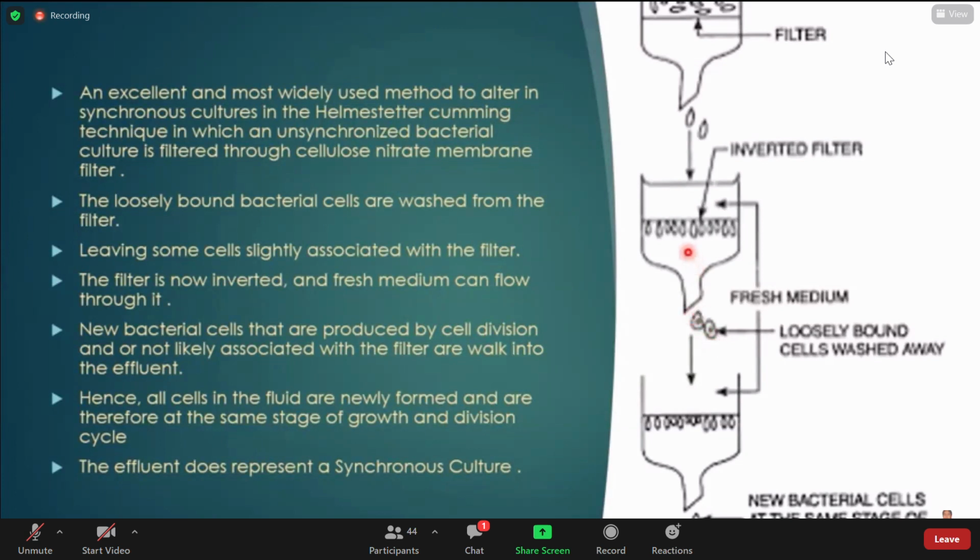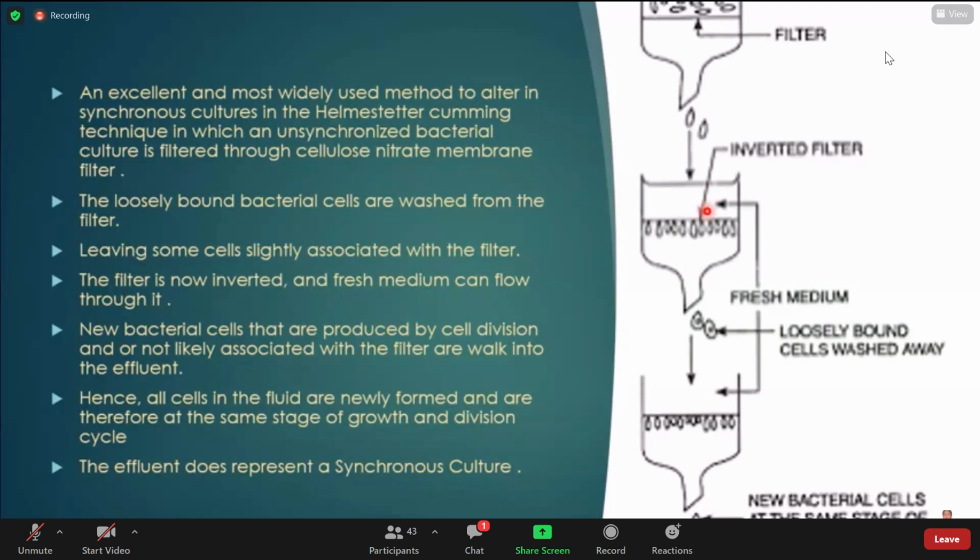Now these small bacterial cells will pass through with the effluent, and if you observe that effluent, we can find all the cells have the same stage of growth and division cycle, which we call synchronous culture or synchronous growth. So this is all about the Helmstetter-Cumming technique to explain the synchronous culture system.